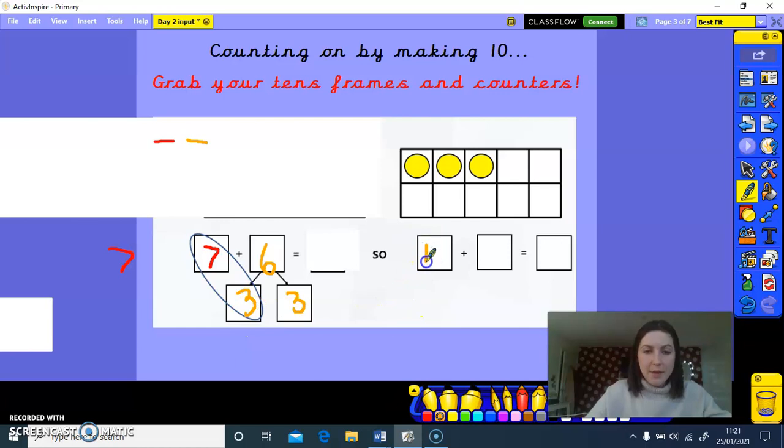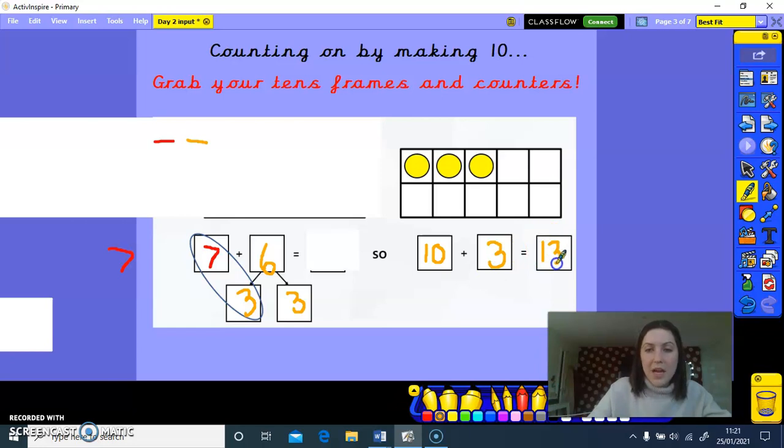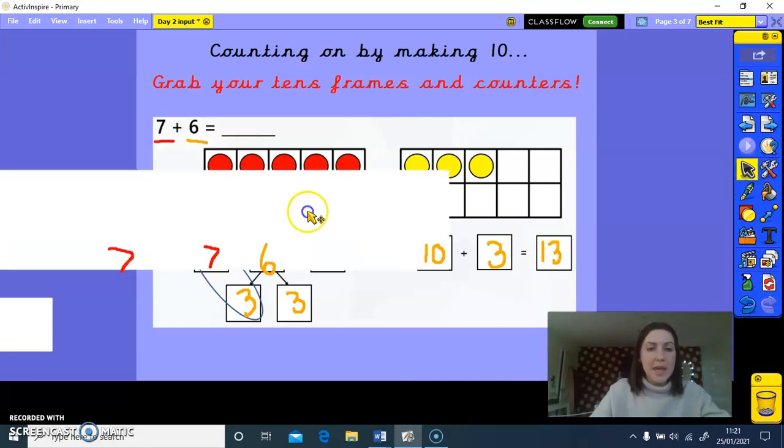So 10, because we added the 7 and the 3, plus we've already got that 3 there, so we are just thinking of this 3 here. 10 in your head. Counting on 3, are you ready? 11, 12, 13. And we can double check that is correct by looking here.